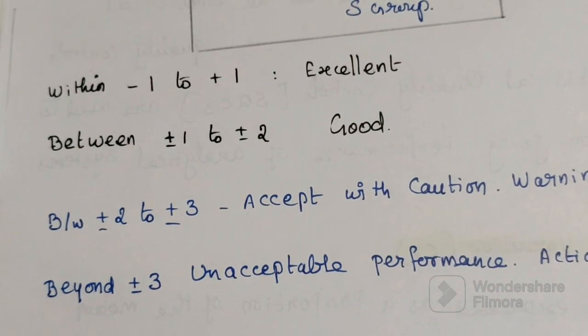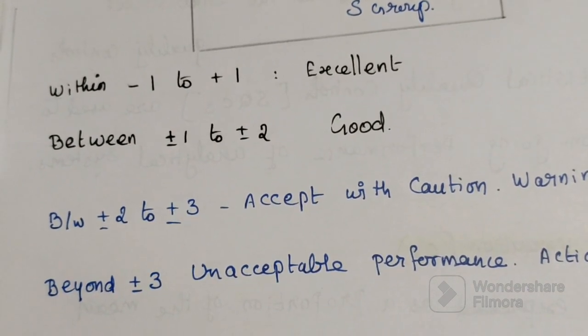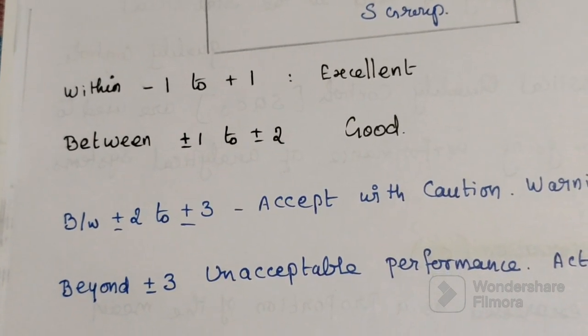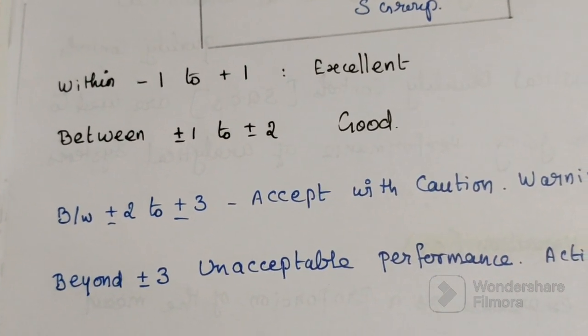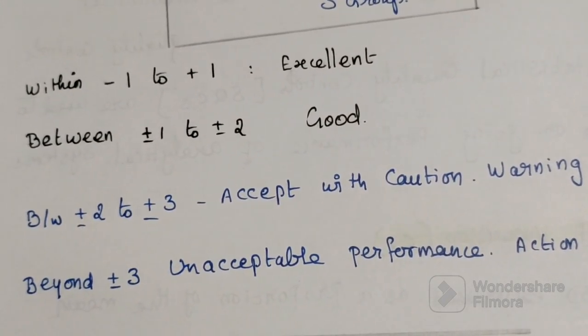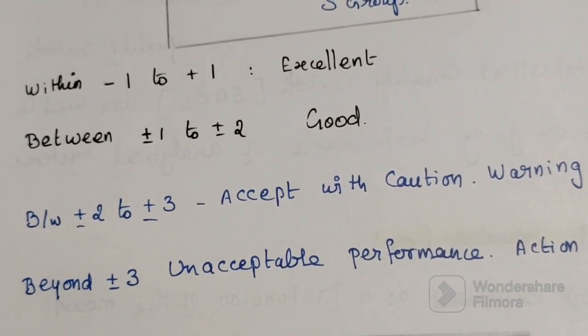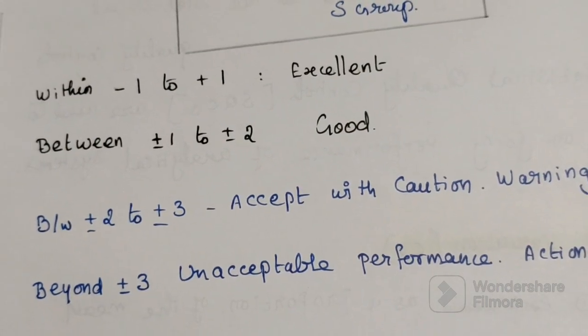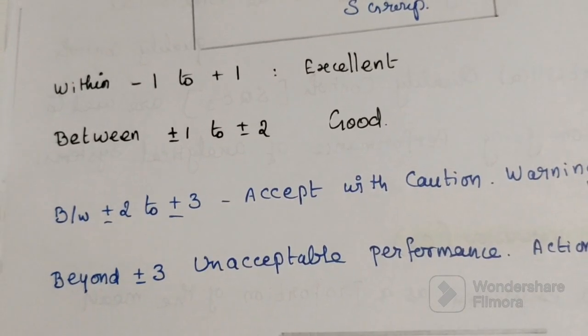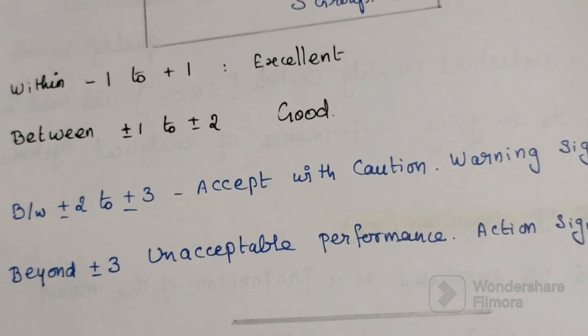If it is +2 to +3, the result is accepted with caution, and it is a warning signal for us. We have to troubleshoot our internal quality control programs.